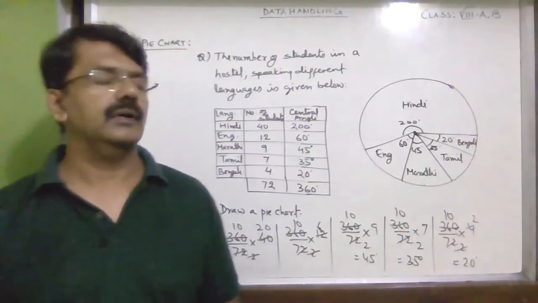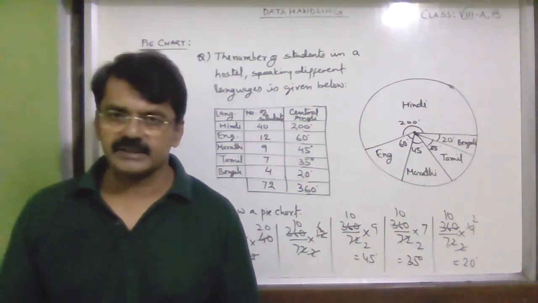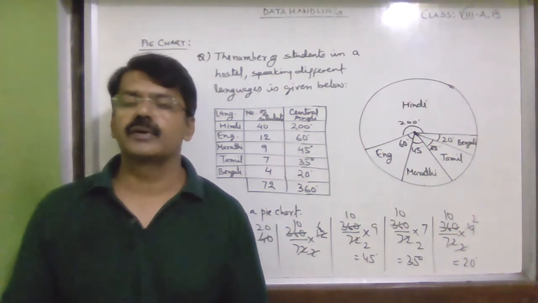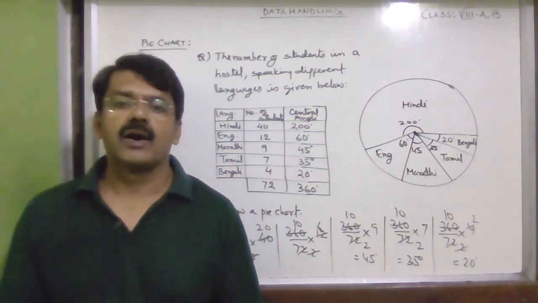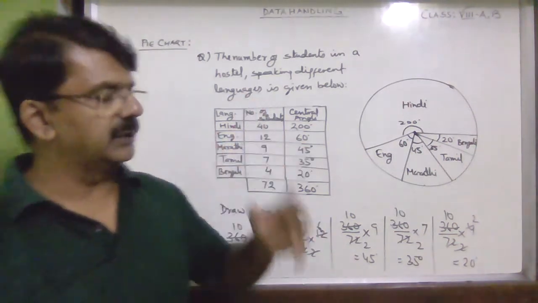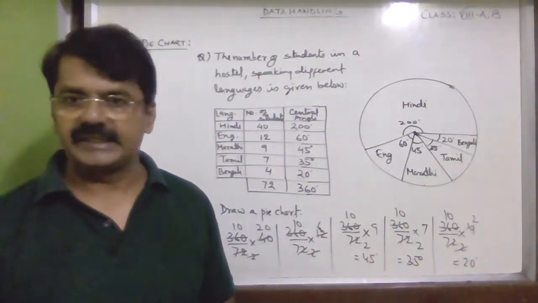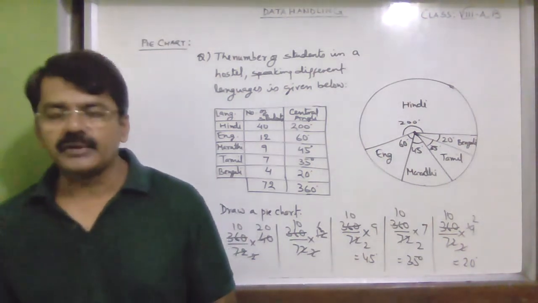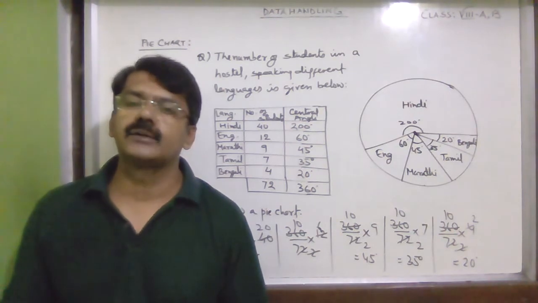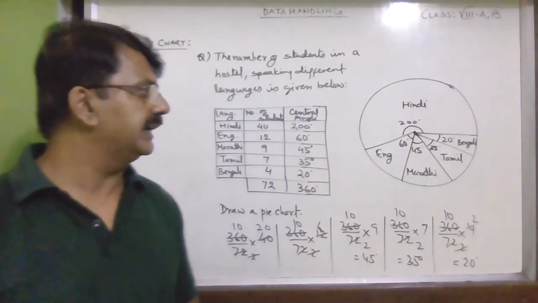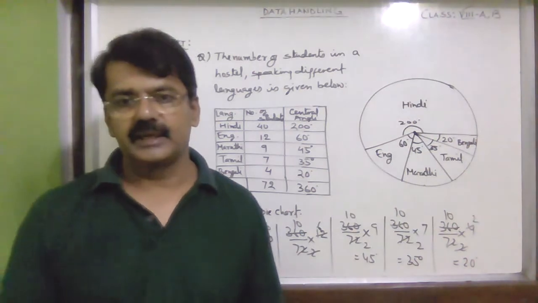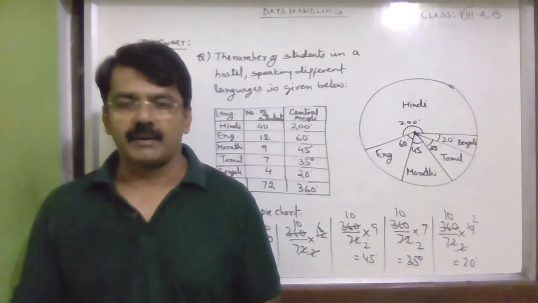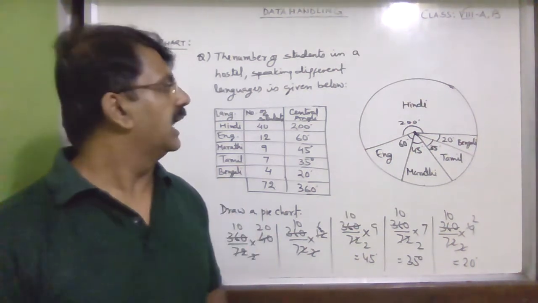So in this way we can represent data in the form of a bar graph or a histogram, or we can represent the data in a pie chart. Always remember the total frequency. In case of a pie chart, the total frequency we equate to 360 degrees, because the total angle about a point is 360 degrees.